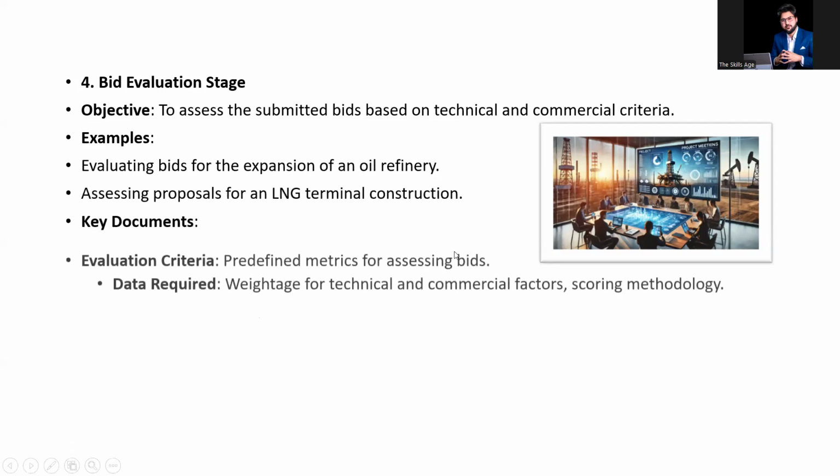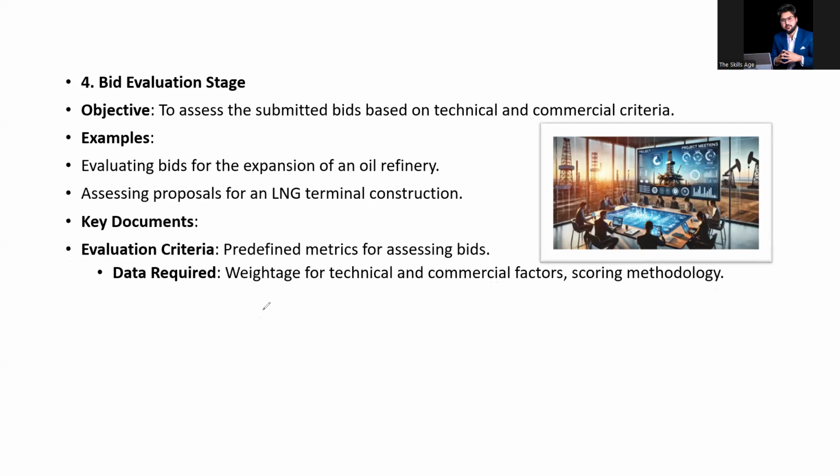So key documents, evaluation criteria. There is companies, not favorism. Okay, predefined matrices, like what the companies which are going to meet your requirement. There are certain matrices. Okay, there are performance metrics, standards, codes, regulatory authority points. Okay, so you have to meet them.